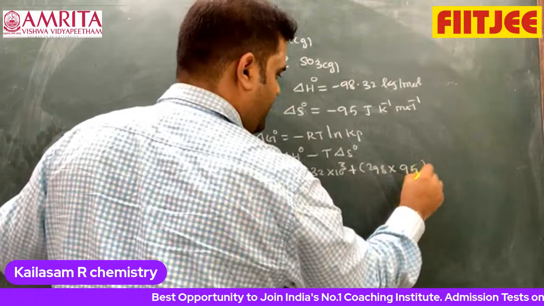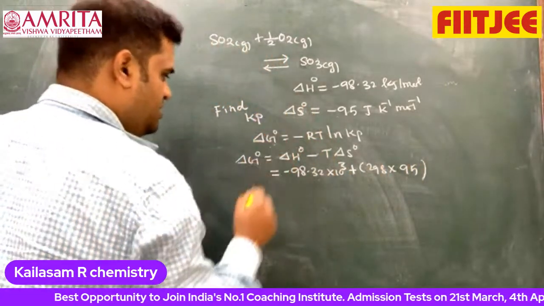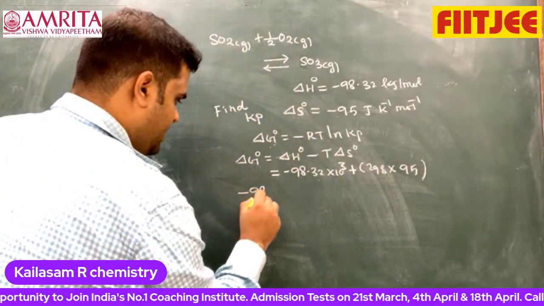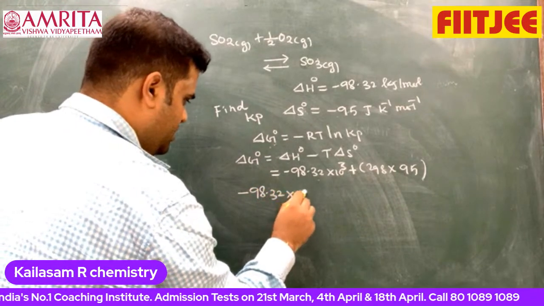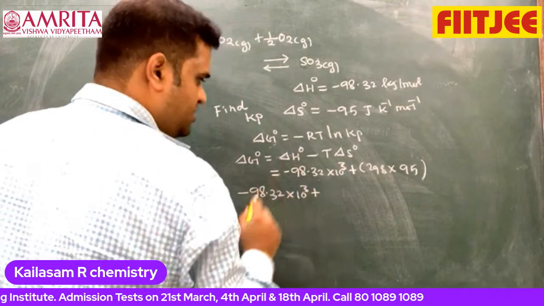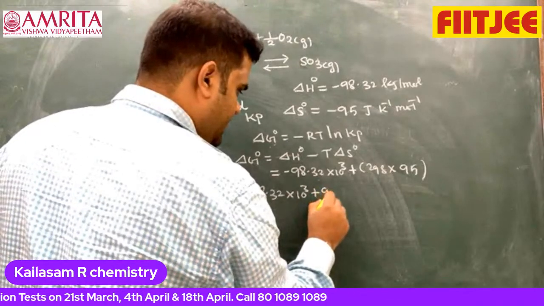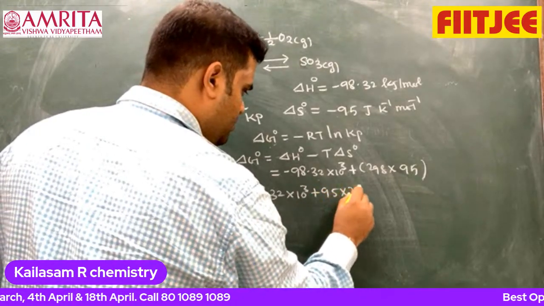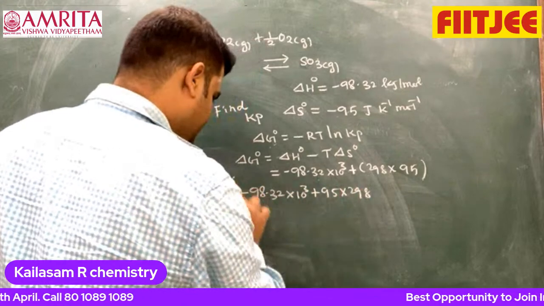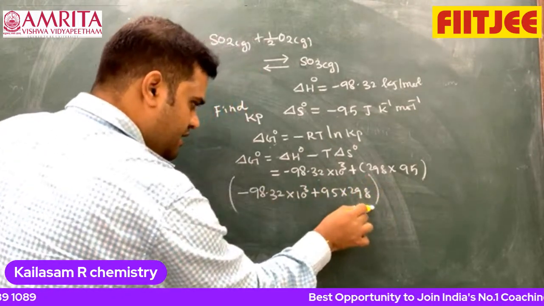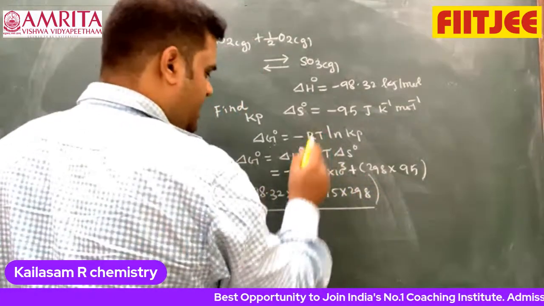Therefore, substituting, minus 98.32 into 10 power 3 plus 95 into 298, divided by RT.